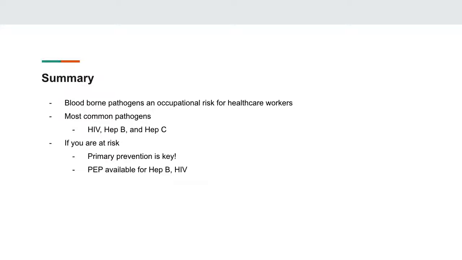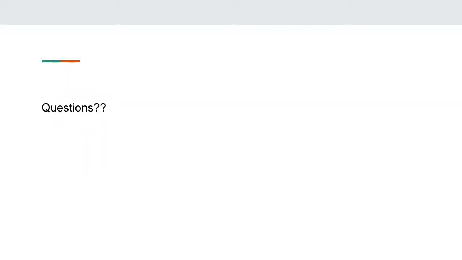If you do get exposed to Hep B or HIV, then there is post-exposure prophylaxis available. However, there is currently no approved post-exposure prophylaxis for hepatitis C, which again is why we recommend prevention, prevention, prevention.